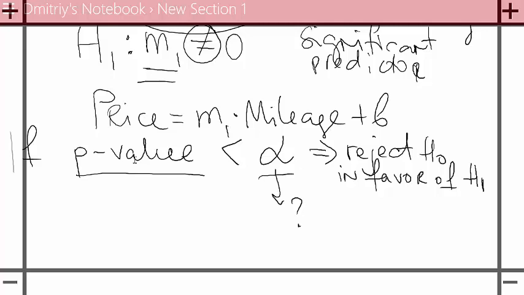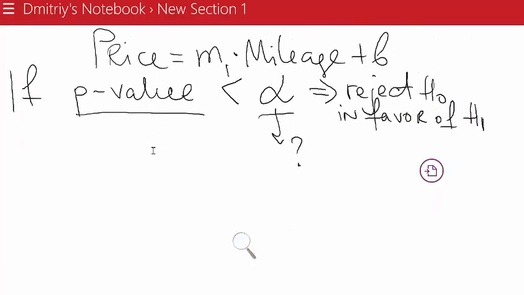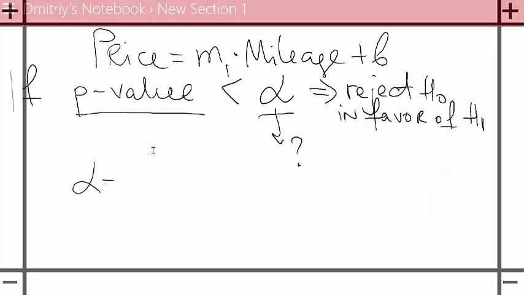Now let me tell you a little bit more, okay? There are typically 3 different values that statisticians are using, so let's discuss them. So alpha equals 0.1, 10%, right? Standardly, if your p-value is higher than 0.1, that's considered to be a large p-value.